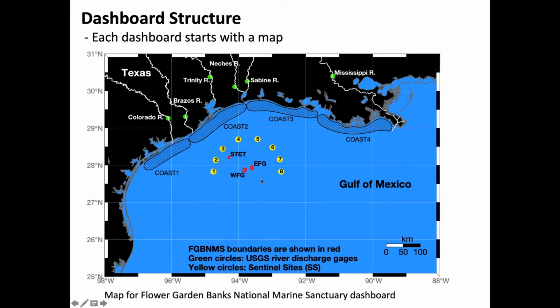And the reason they're on here is because these are locations where you can visualize extracted data. So for example, at either of these reef locations, you can look at the extracted time series, or these are what we call our sentinel sites, these numbered yellow dots.